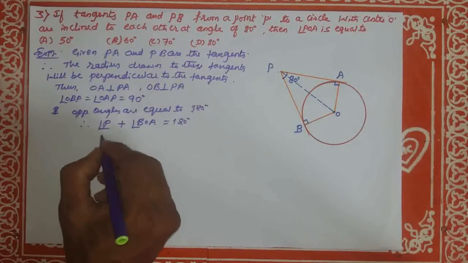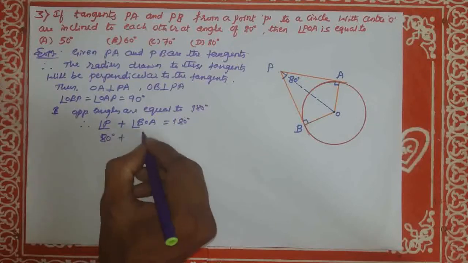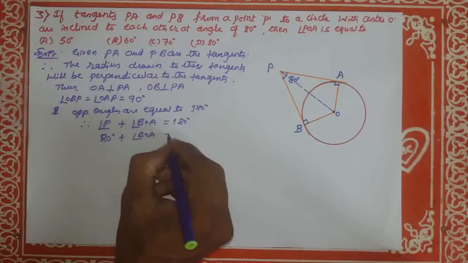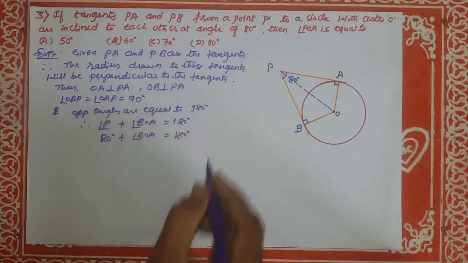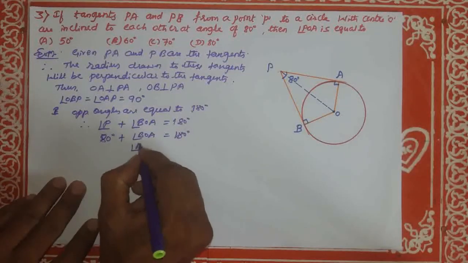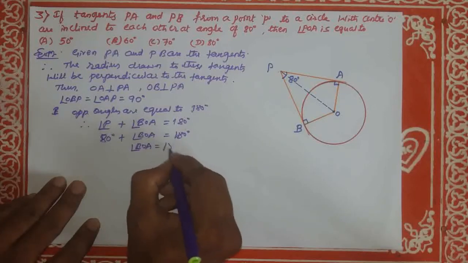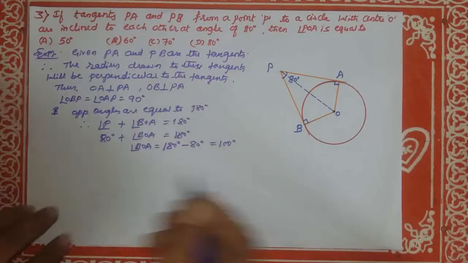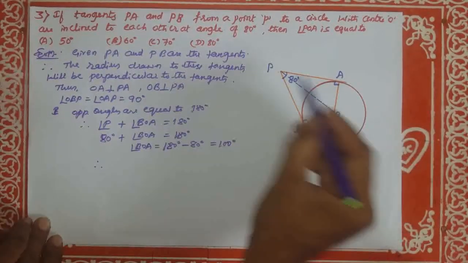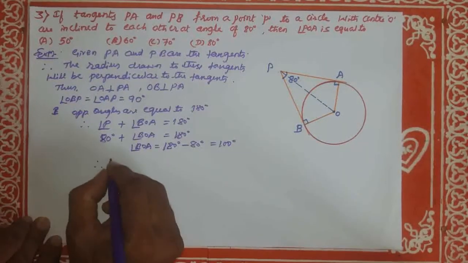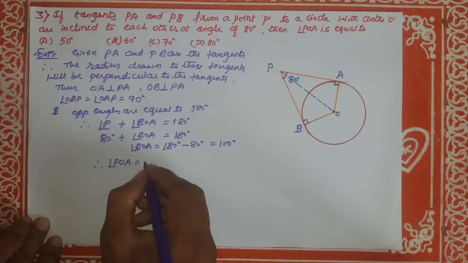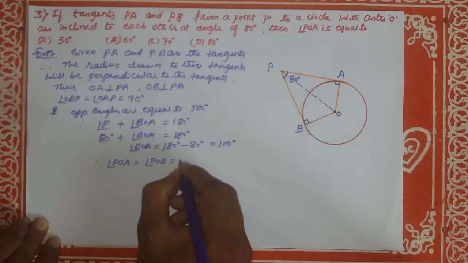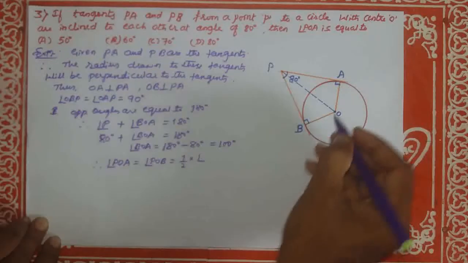Angle P is 80 degrees, plus angle BOA is equal to 180 degrees. Angle BOA is equal to 180 minus 80, which is equal to 100 degrees. Therefore, angle POA is equal to angle POB, which is half of angle BOA.